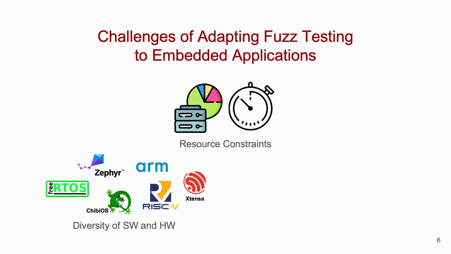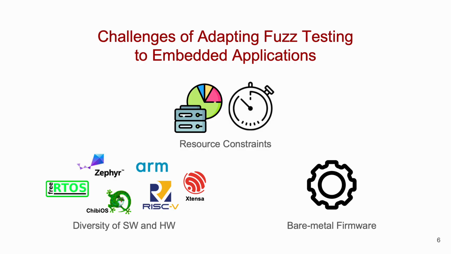Moreover, operating system support is also highly dependent on the platform. In many cases, the embedded device does not even possess any operating system, running firmware on bare metal. These minimalistic designs, as such, do not possess the facilities required by fuzzing that we take for granted in a desktop environment.